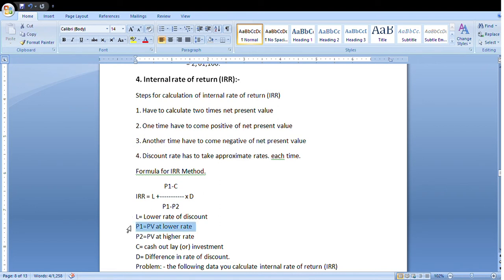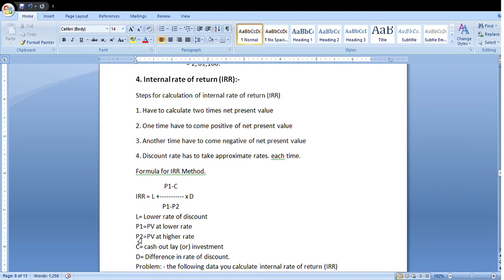Next, P1 is equal to the present value at the lower rate. You calculate the net present value two times.